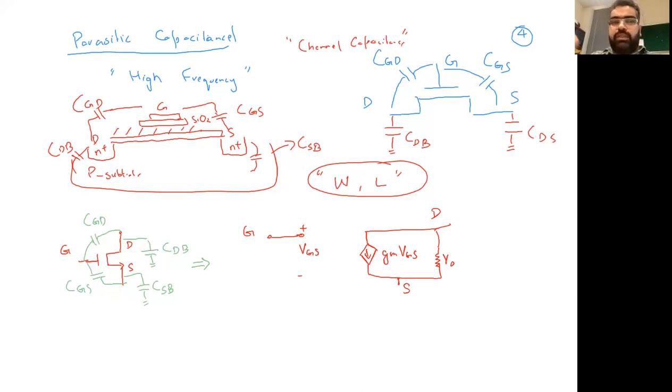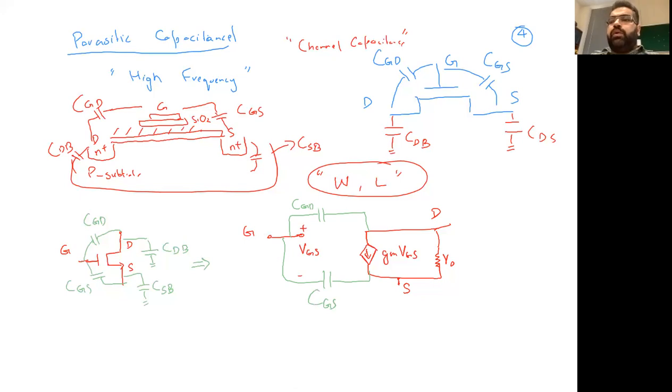Let's draw the capacitance. So first, if we see in terms of capacitance, the gate and drain have a connection. CGD. What else? Gate and source also have a connection. CGS. And what else?